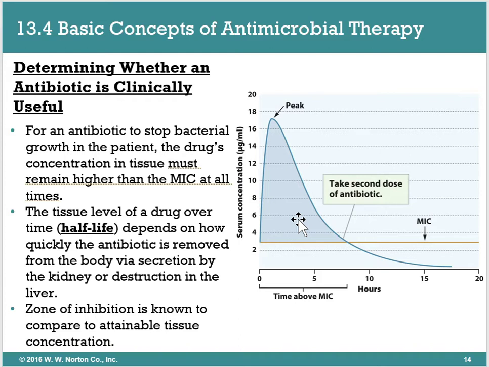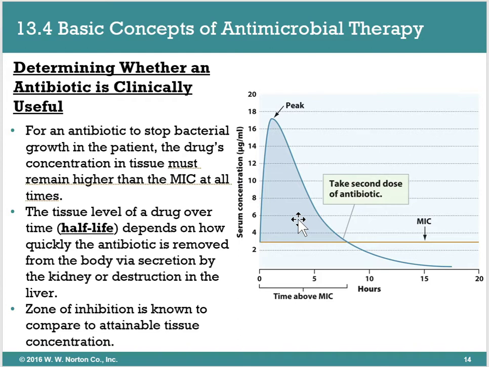Half-life has to do with how long it takes your body to remove half of it from your body, either through you metabolizing it through your kidneys, or your liver destroying it, or you secreting it out through feces and urine.